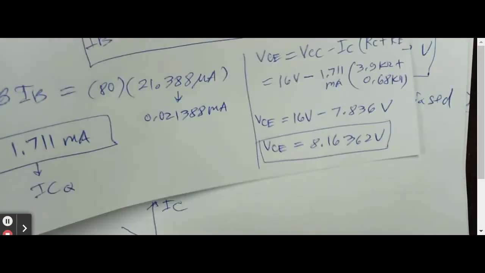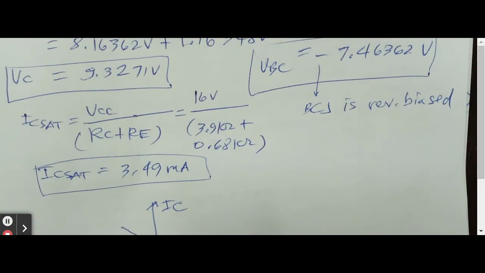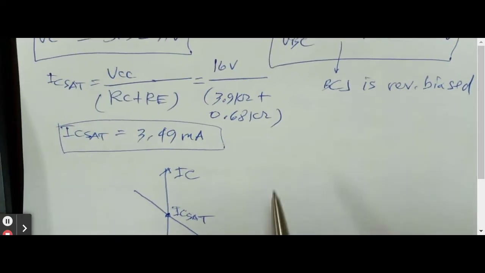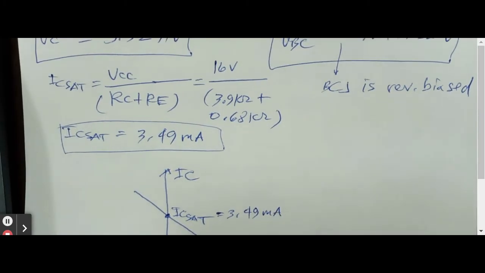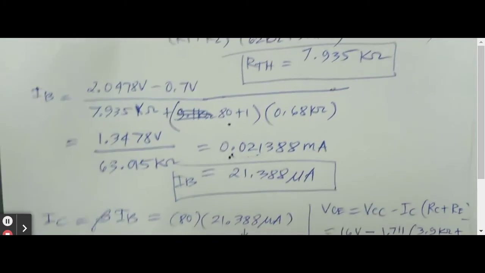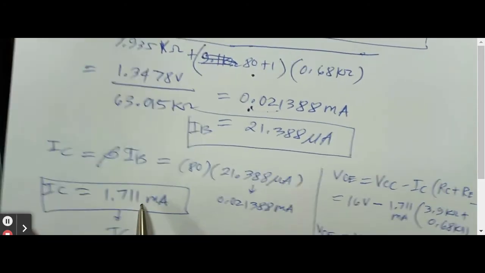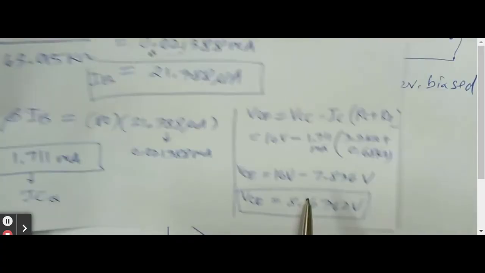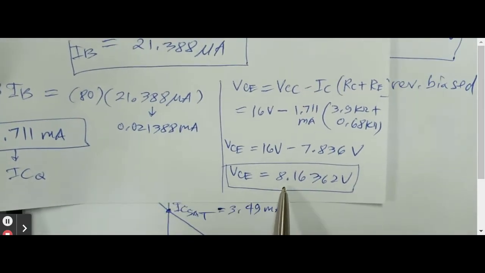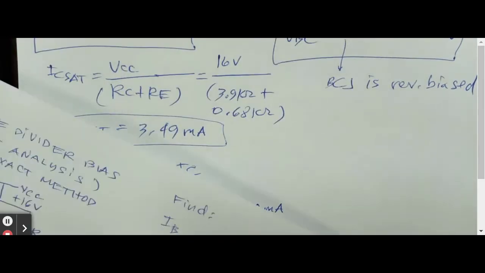Let's open it. Okay, here. 3.49 milliamperes. And then we have the ICQ from here, 1.71 milliamperes, and the VCE 8.16 volts.